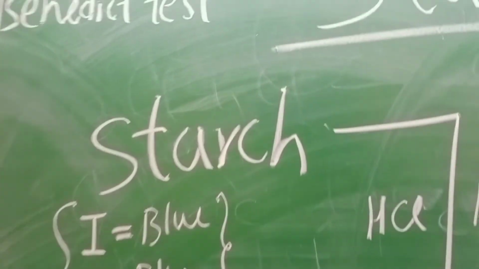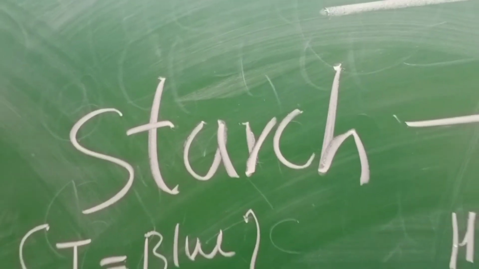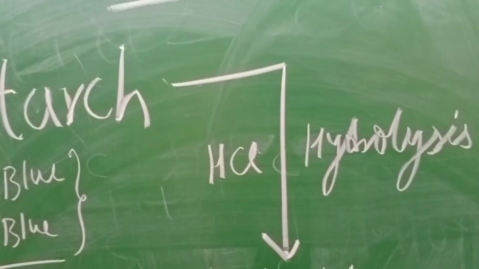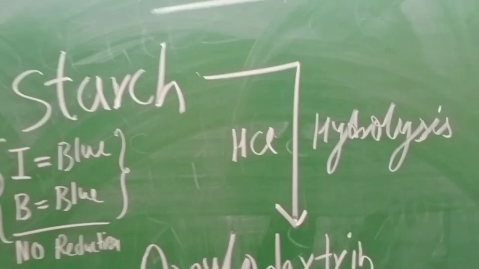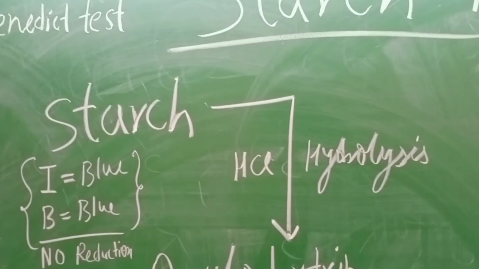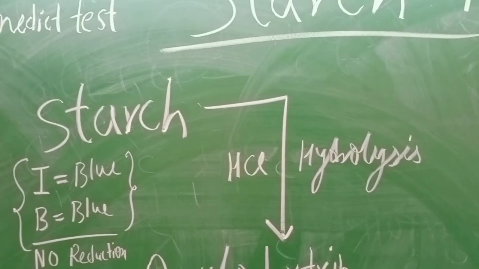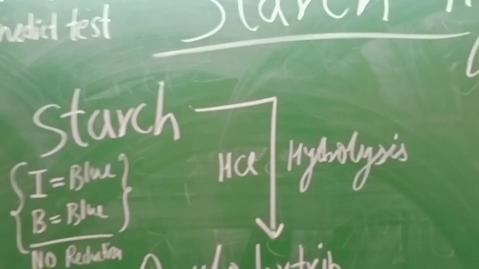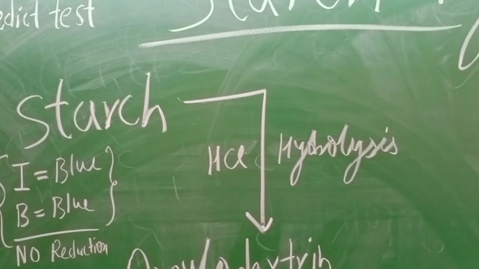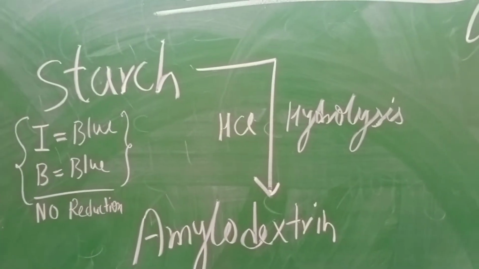So first, during acid hydrolysis, we use hydrochloric acid for hydrolyzing the starch, and this hydrochloric acid will initiate the hydrolysis reaction and break down starch into subsequent molecules.